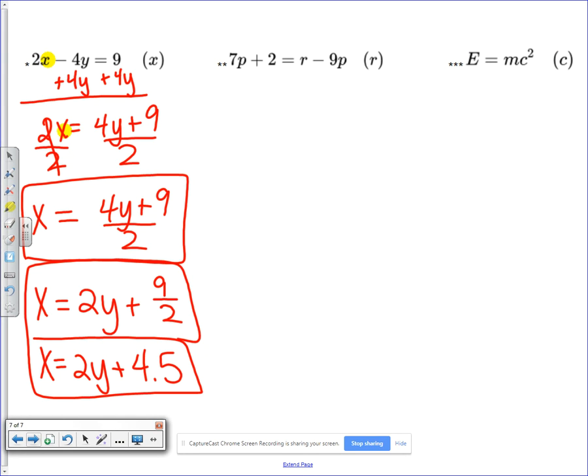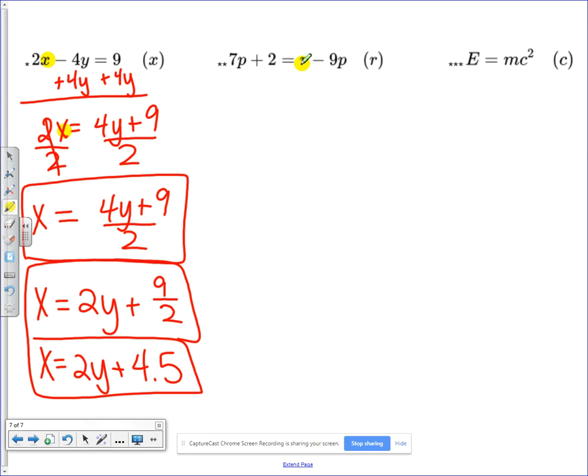So then I want you to try double star. At the bottom, I want you to try that double starred problem. We're trying to isolate the r. Got it?